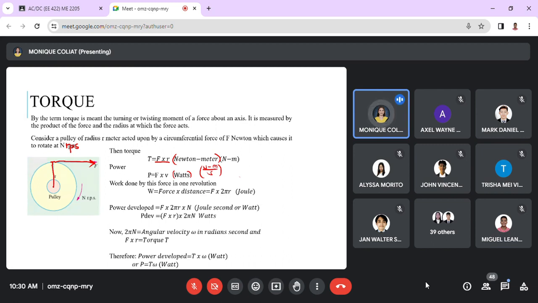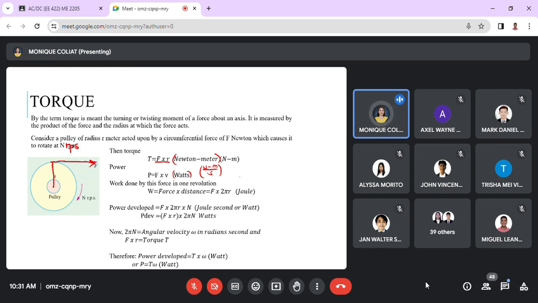Next, we have the work done by this force in one revolution. To get the work, we have force times distance. What is the distance? One revolution. That means it is the circumference of the pulley, which is equivalent to 2 pi r. So to get the work done, we have force times 2 pi r.